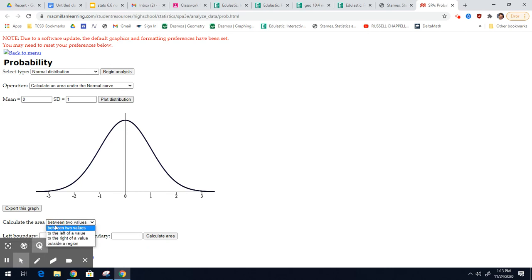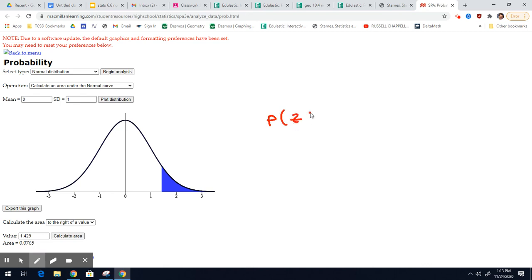That's to the right. And our value is 1.429. When I calculate that area, I get 0.0765. So the probability that z is greater than or equal to 1.429 is equal to 0.0765. That is your answer.